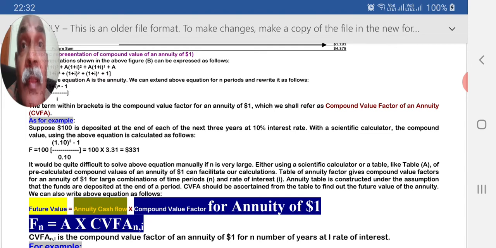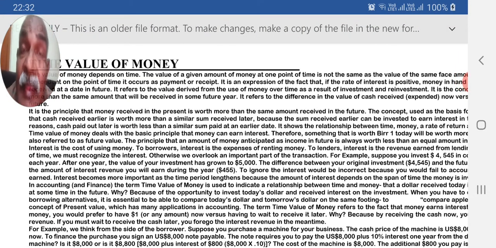If the interest is not compounded annually but semi-annually, but the annual rate of interest is 8%, it means after the first 6 months you will get 4%, that is 8% divided by 2.